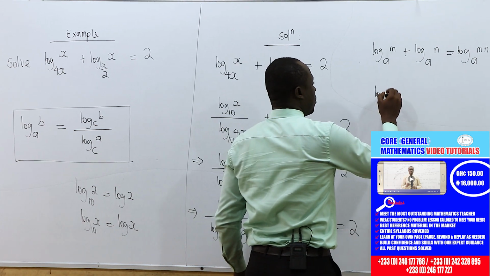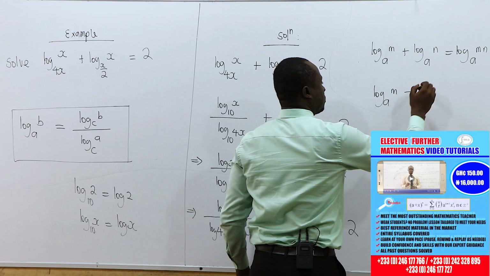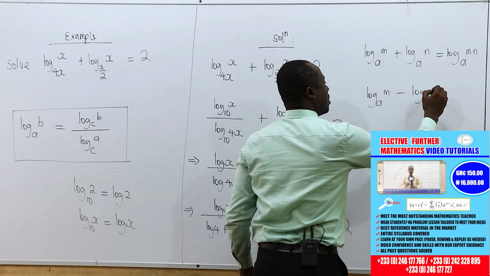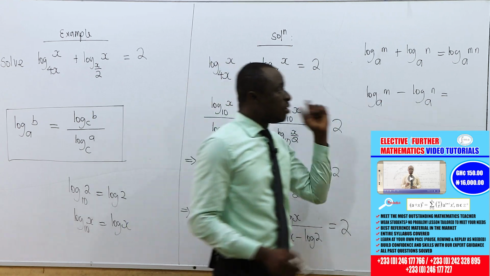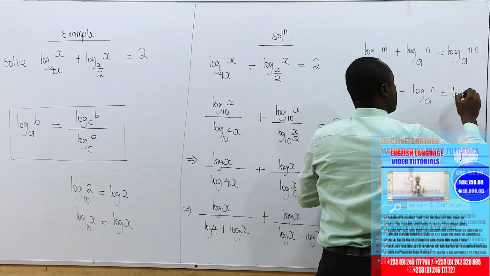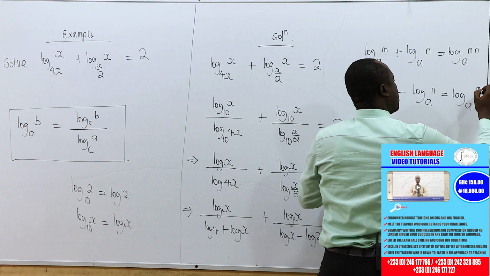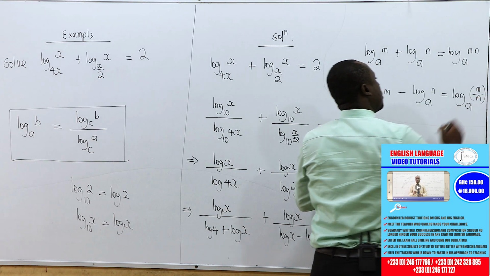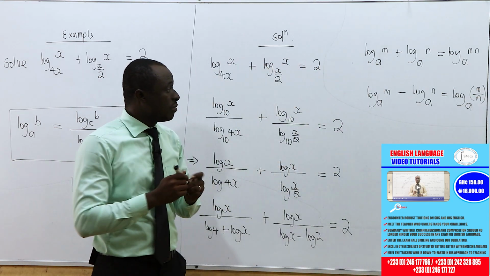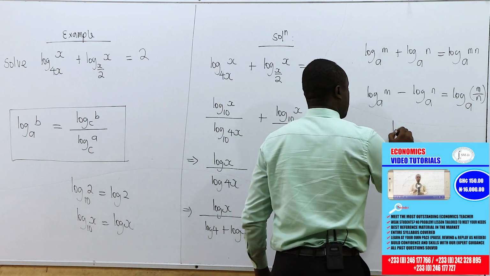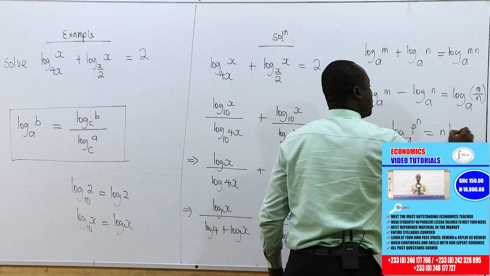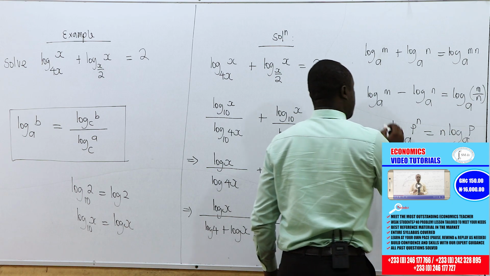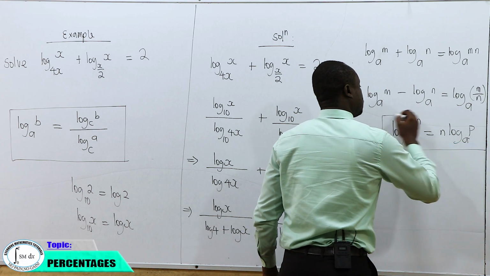Now, if we have log a m minus log a n, when you're subtracting, what do you do? We divide. So this is the same as log a m over n. Very, very important. And if you have, let's say, log a p^n, this is the same as n log a p.